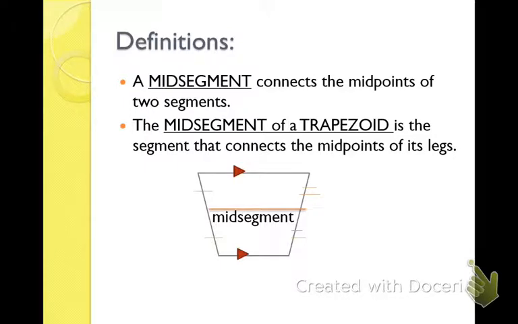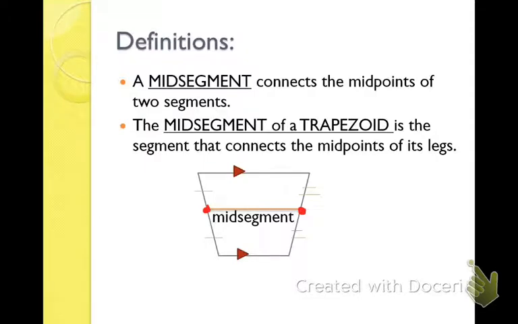Definitions. A midsegment connects the midpoints of two segments. Here's a midsegment of a trapezoid, for example. It is a segment that connects the midpoints of the legs. So this point on the trapezoid and this point on the trapezoid are the midpoints of these sides.